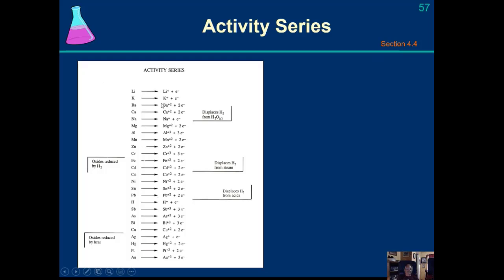This is another version of the activity series, and one of the things I wanted to use it for was to explain to you about acids and why some metals don't react with acids.